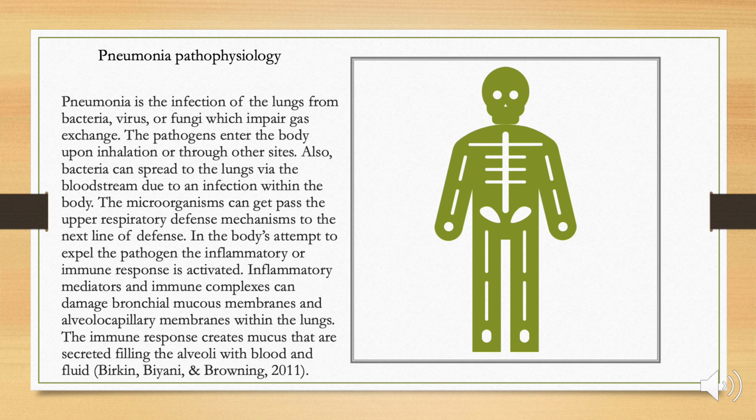In the body's attempt to expel the pathogen, the inflammatory or immune response is activated. Inflammatory mediators and immune complexes can damage bronchial mucous membranes and alveolar capillary membranes within the lungs. The immune response creates mucus that is secreted, filling the alveoli with blood and fluid.